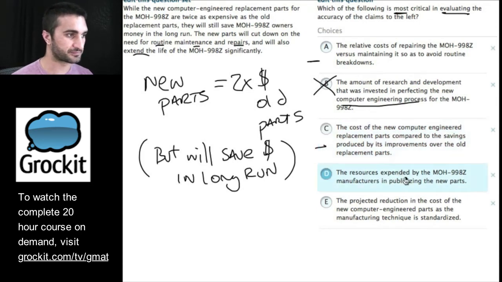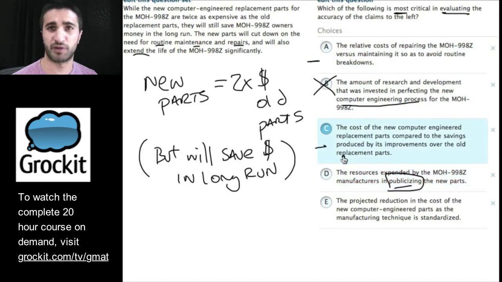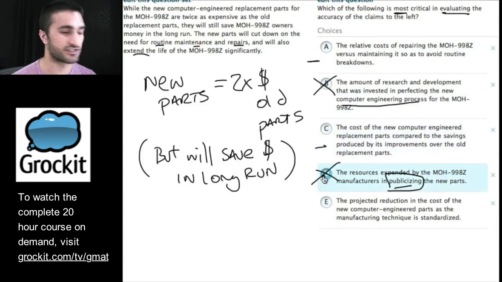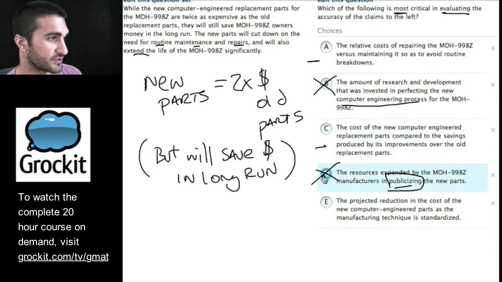Let's hold on to that one. The resources expended by the MOH manufacturers in publicizing the new parts. Okay, I don't think this is the most critical in evaluating the accuracy of the claims to the left. I'm not sure what publicizing has to do with the costs and the maintenance and those issues.